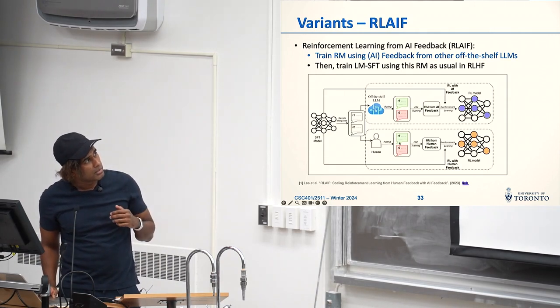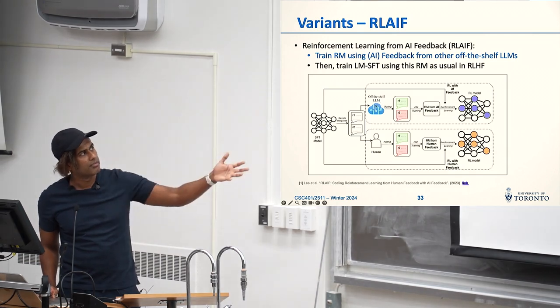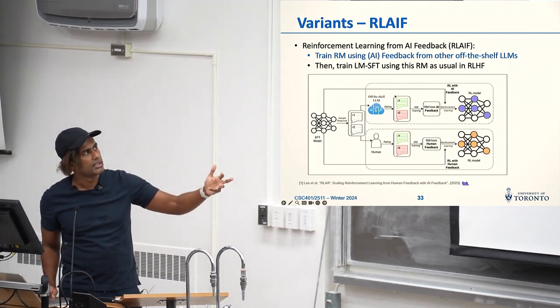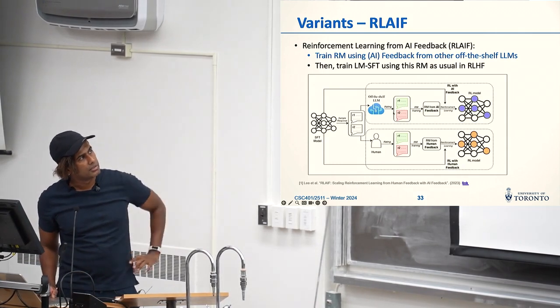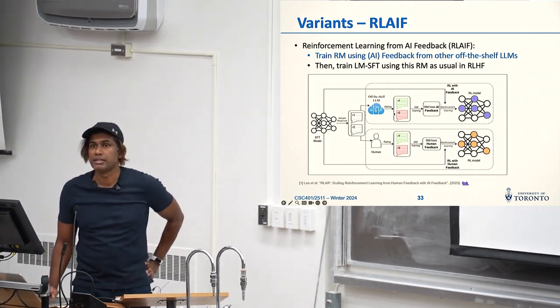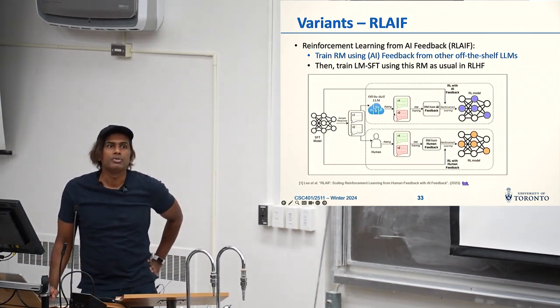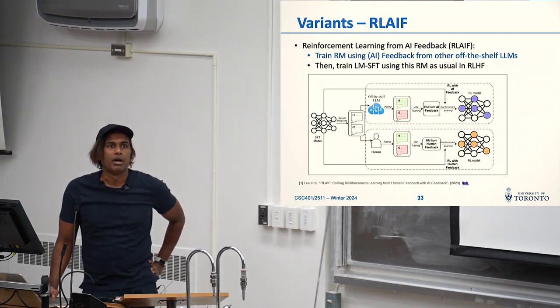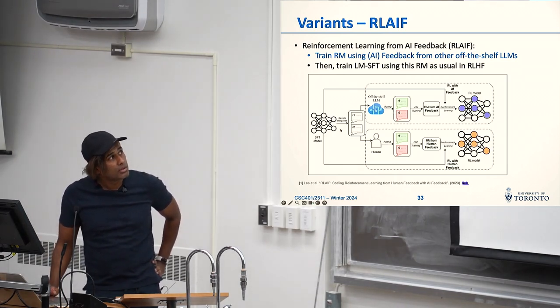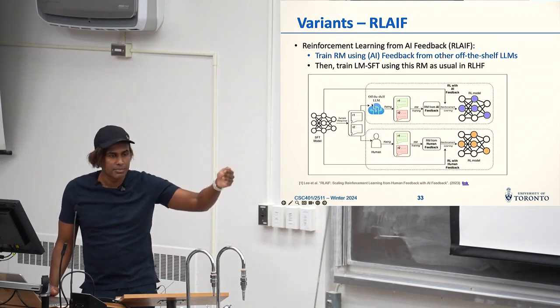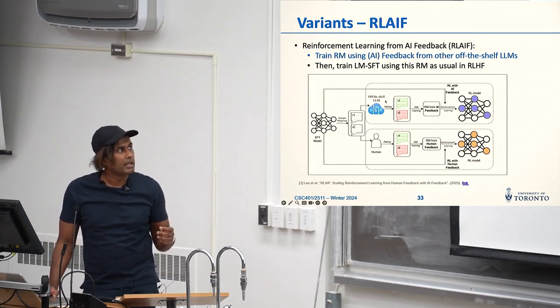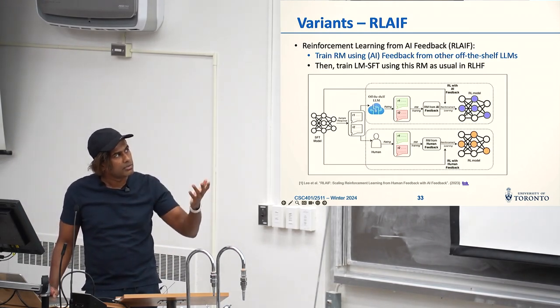The only difference is that if you take out the human, instead of human preferences, you can model it from any off-the-shelf LLM. You can train a reward model, right? This preference data set uses pairs of completions, and it's the judgment of another AI model, okay? And the rest of the pipeline can be the same.